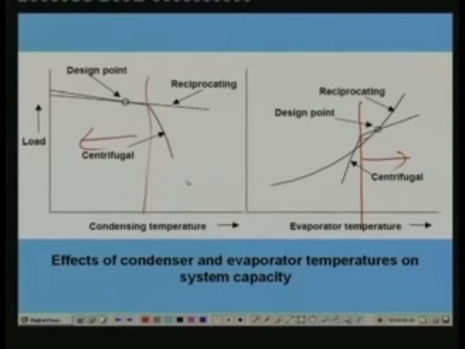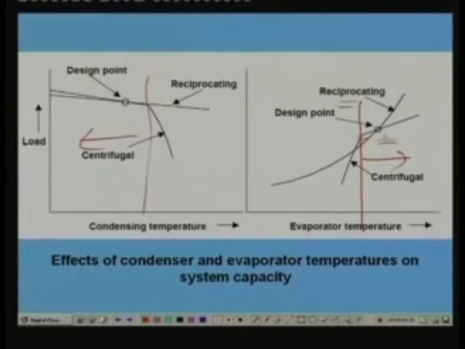Okay. One more thing you can notice here is the effect of the evaporator temperature. Compared to the centrifugal compressor, the effect of evaporator temperature is more severe on reciprocating compressors.